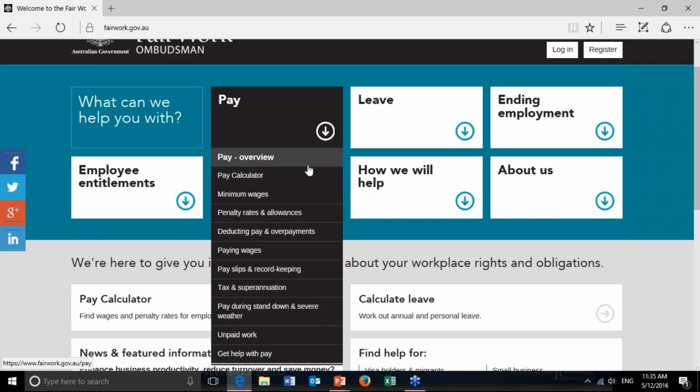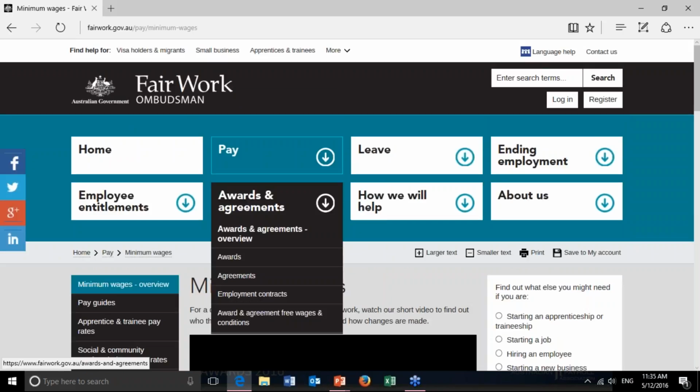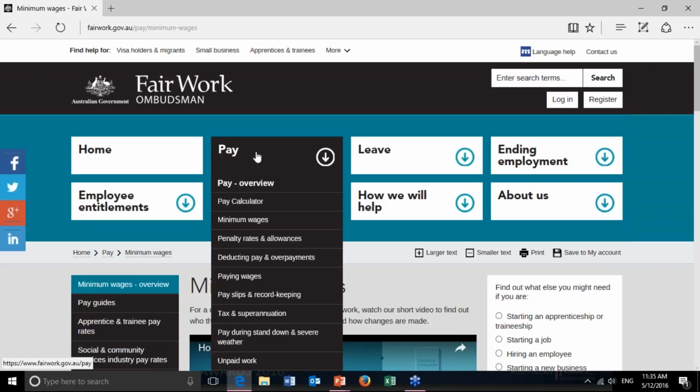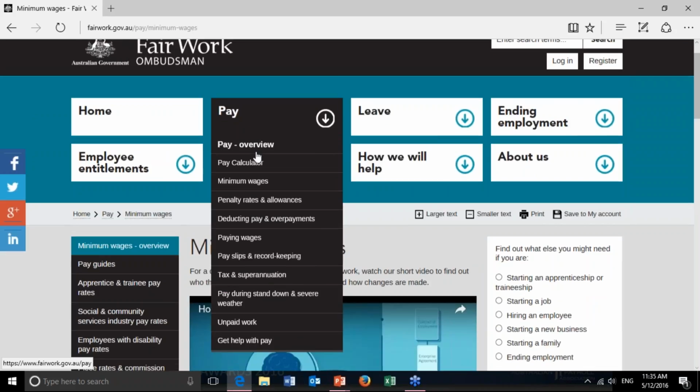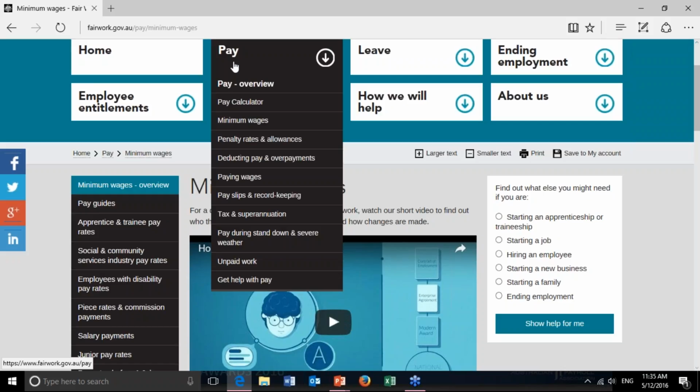Just as a heads up, if we look at annualised salaries, don't forget, we're looking at minimum wages entitlement. So the stuff in the awards pretty much comes under the same sort of heading under the Fair Work website. We're looking at their pay, their minimum wages and stuff like that.